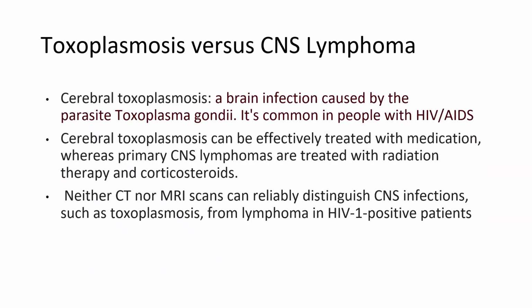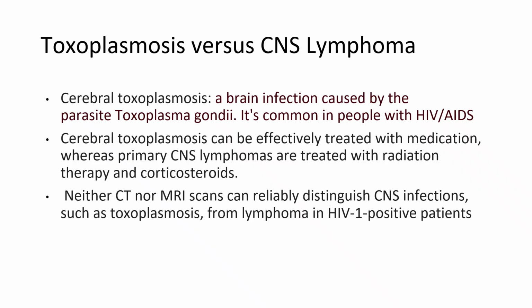This kind of floats into the CNS system, but I wanted to mention it because toxoplasmosis is a brain infection and CNS lymphoma is cancer, but they can look very, very similar on our studies, or they can present similarly. But PET scans are used to differentiate them.